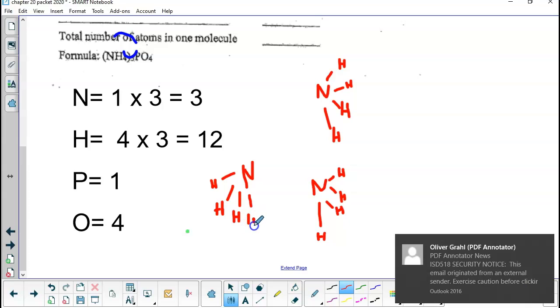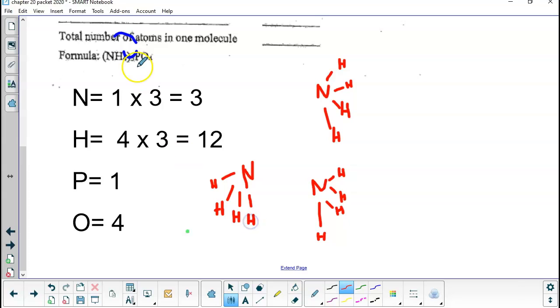So you can see kind of how those parentheses work. It tells me that I have this thing called an N with 4 H's, and that little 3 means I have 3 groups of that thing. So 1, 2, 3 groups. And then I have 1 P, and I have 4 O's. 1, 2, 3, 4.